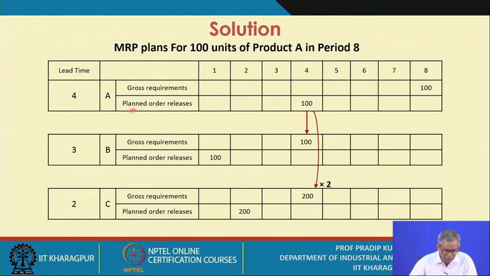Now you explode. For producing 100 units of A, you require 100 units of B, and for B there is a lead time of 3 weeks.